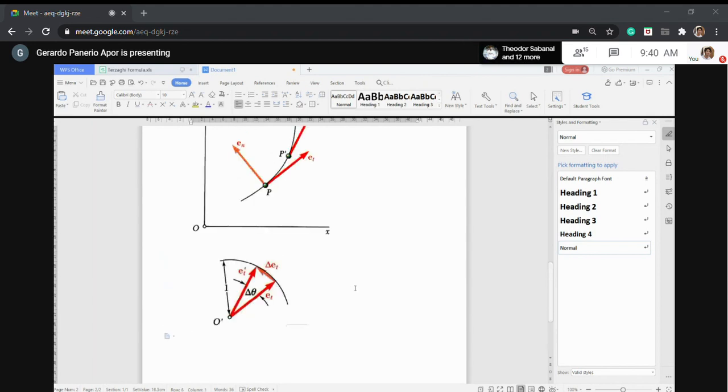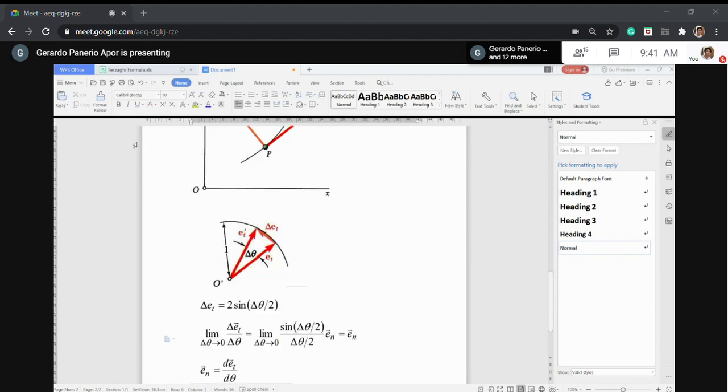Okay? So we can from there have this. That e t is 2 sine delta theta over 2, no?